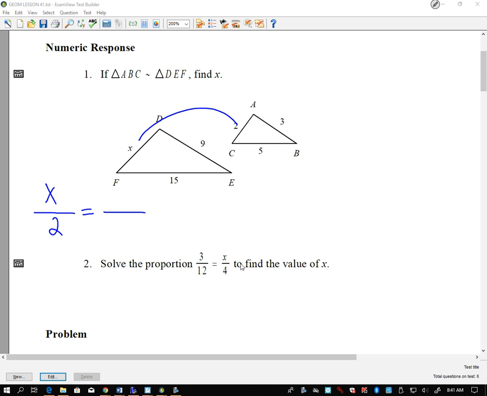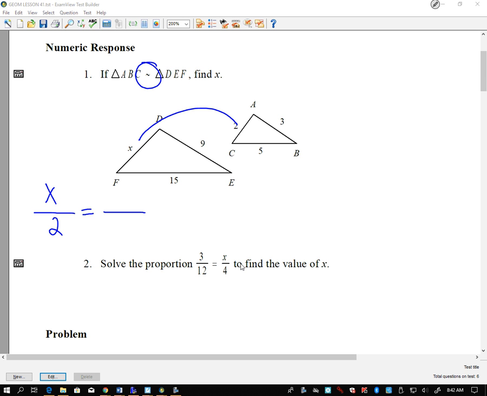All right. So let's take a big step back. These figures are similar, which means we know two facts for sure. We know that their angles are congruent to each other, right? So D is equal to A, F is equal to C, E is equal to B. The other thing is that we know all of their sides are proportional to each other.